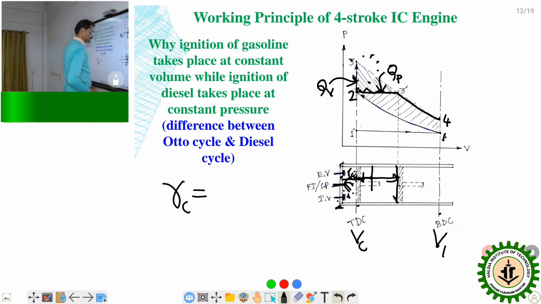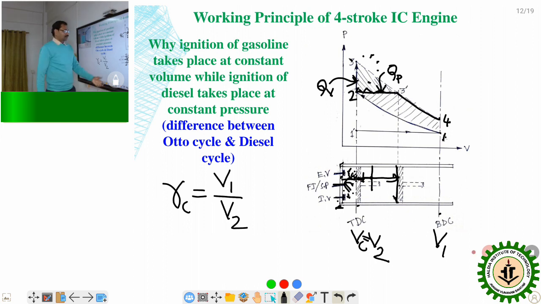Say VC is V2. So the compression ratio will be V1 by V2. When the stroke length is very high, the compression ratio will be very high. When the stroke length is low, the compression ratio will be low.